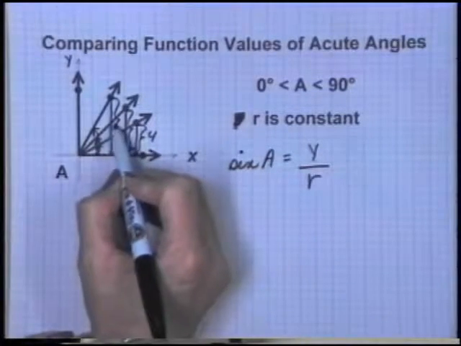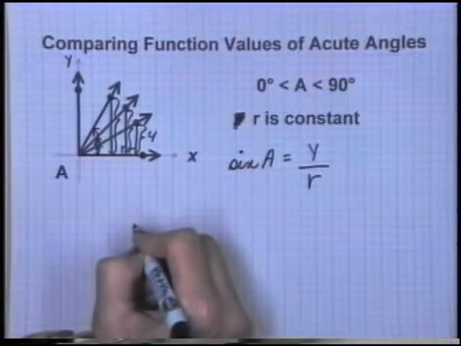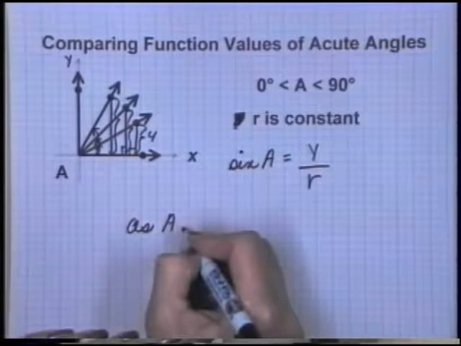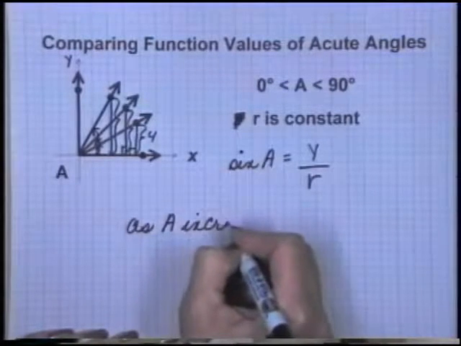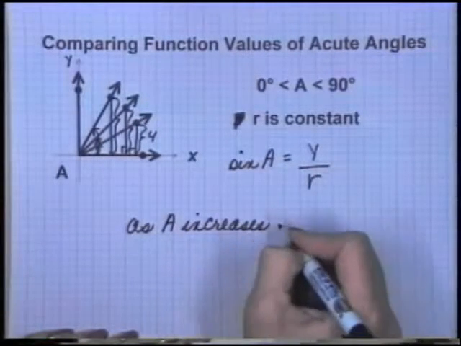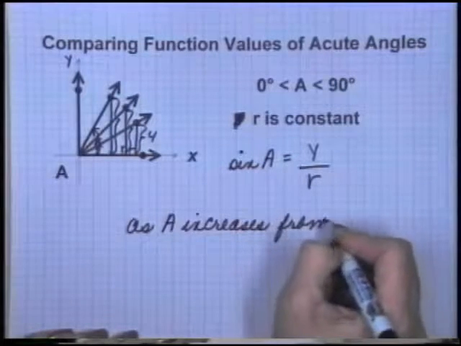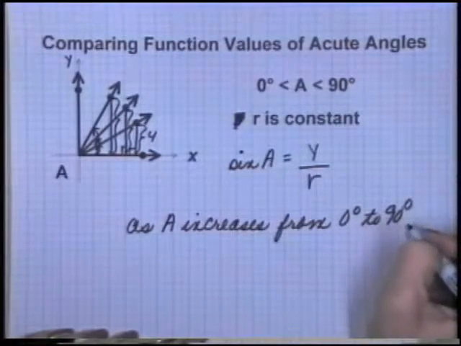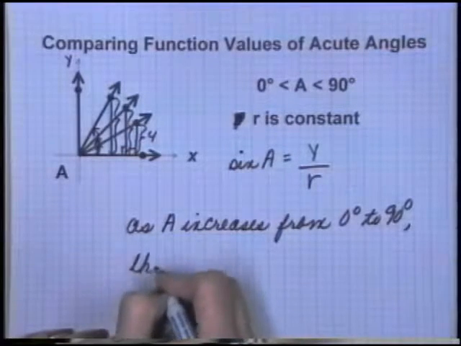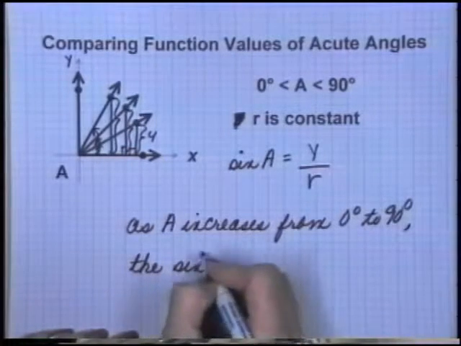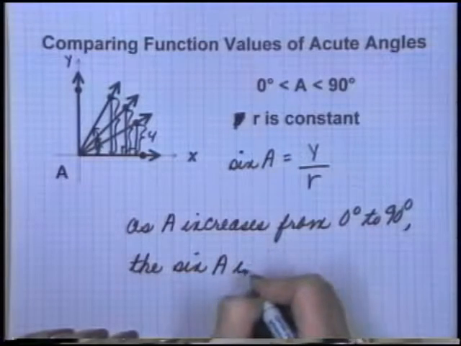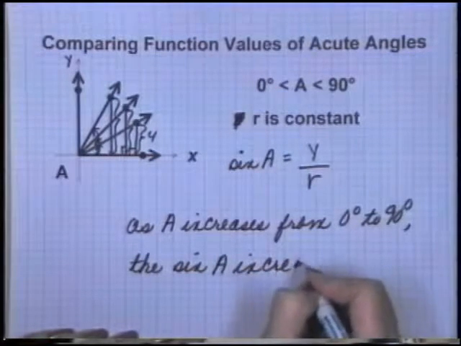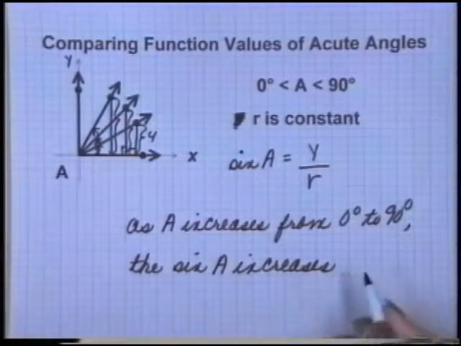And so because those y's get larger, as A increases from 0 degrees to 90 degrees, the sine of A increases.